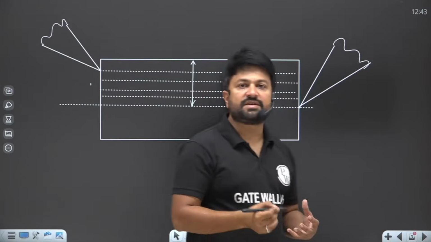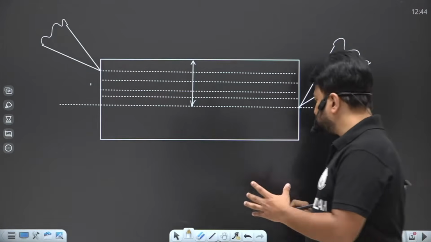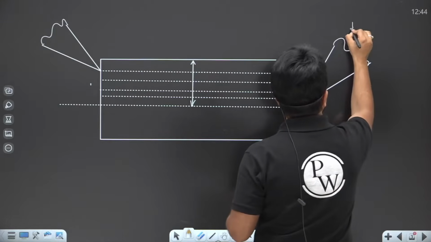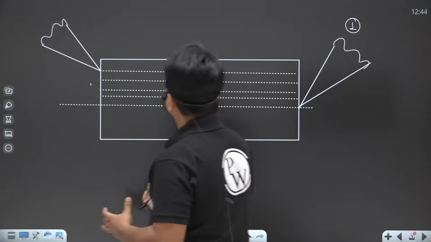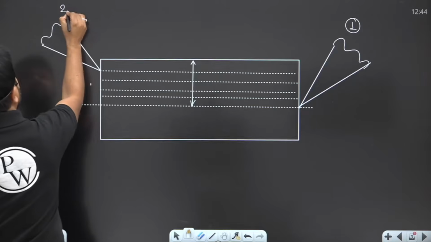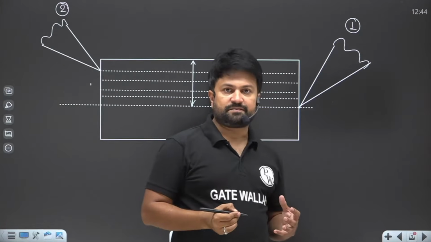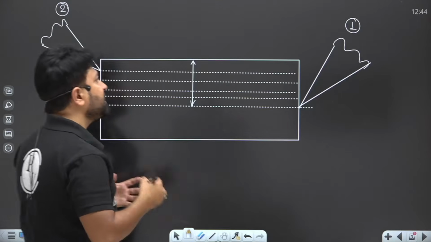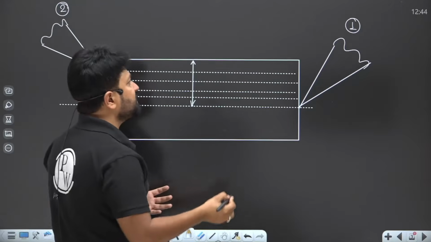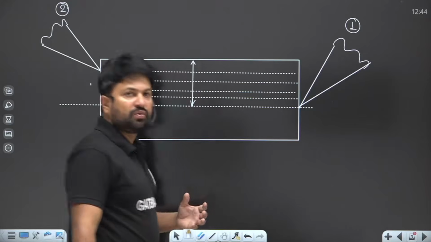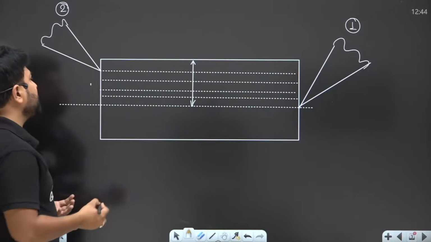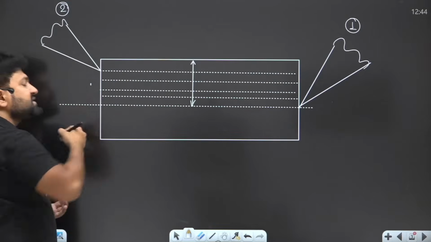So in both cases we are doing machining operation, in process 1 and in process 2. Are we getting the desired dimension and good surface finish in case 1? No. We are getting the desired dimension and good surface finish in case 2.